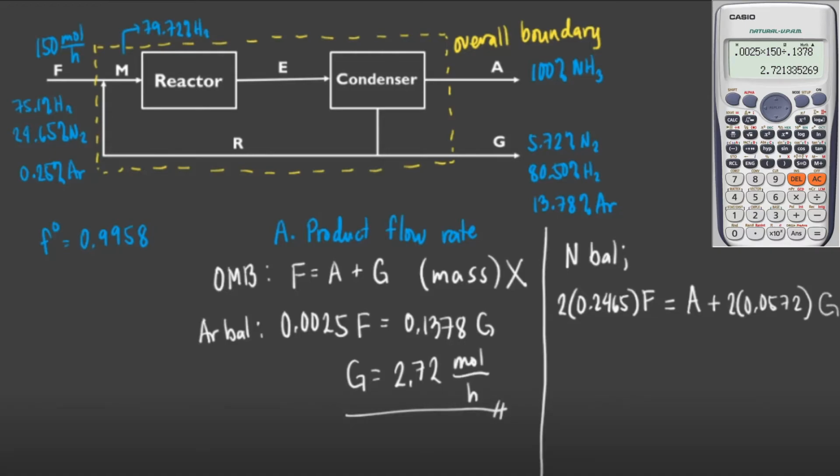And as you can see, just by using the nitrogen atomic balance, we can now solve for the value of the molar flow rate of the product stream, A. That is 2 times 0.2465 times the feed stream, 150 moles per hour, minus 2 times 0.0572 times the flow rate of the purge stream, 2.72. The flow rate of our product stream is 73.64 moles per hour.